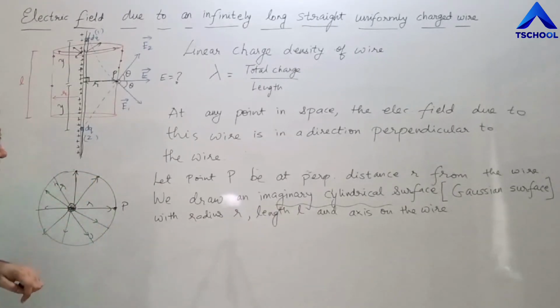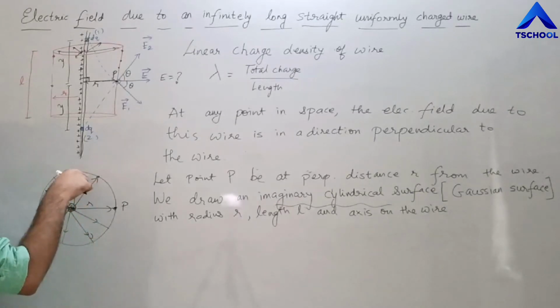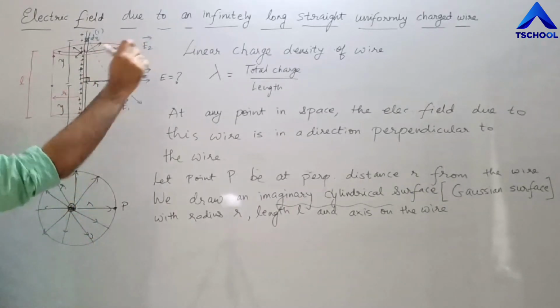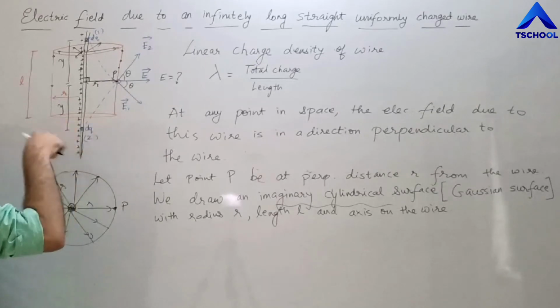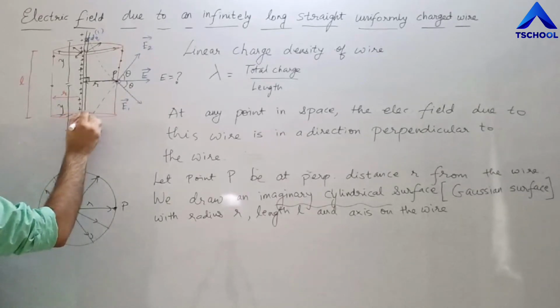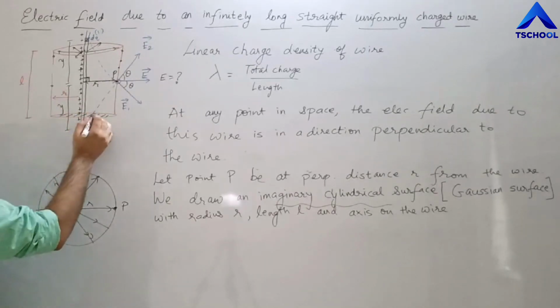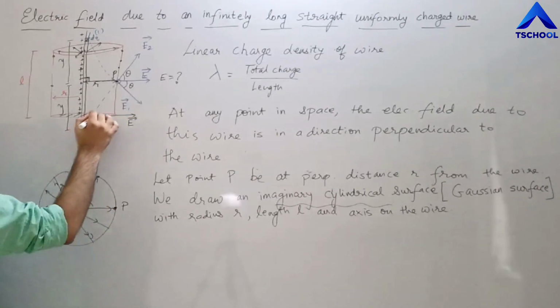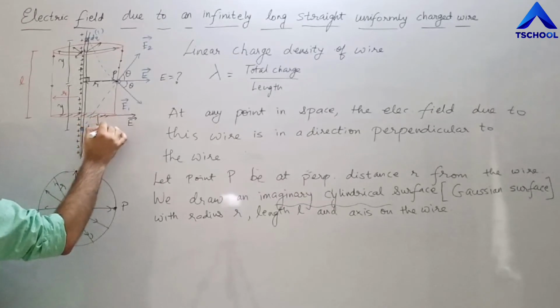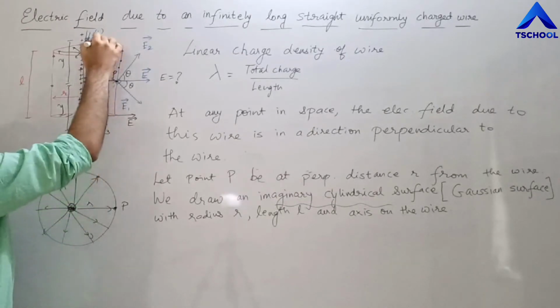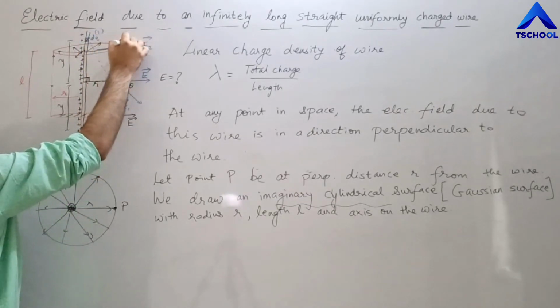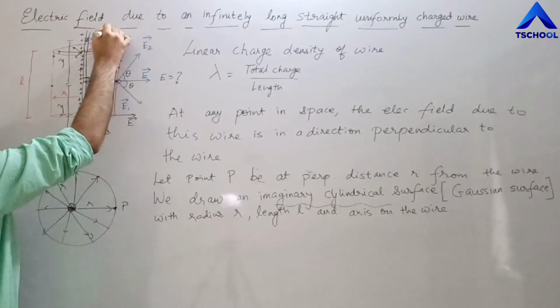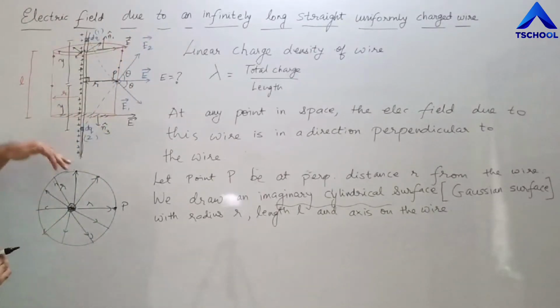So what happens is that for any point on the flat surface of the cylinder, this one, what we are seeing is that the electric field is like this, but the normal vector is like this. Let me call this N3. Similarly, I could call this one N1. So the same thing happens here or over there.